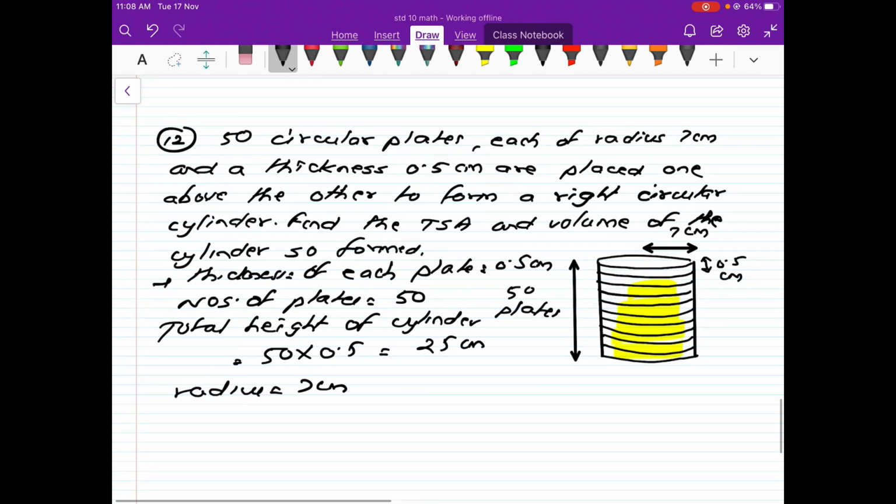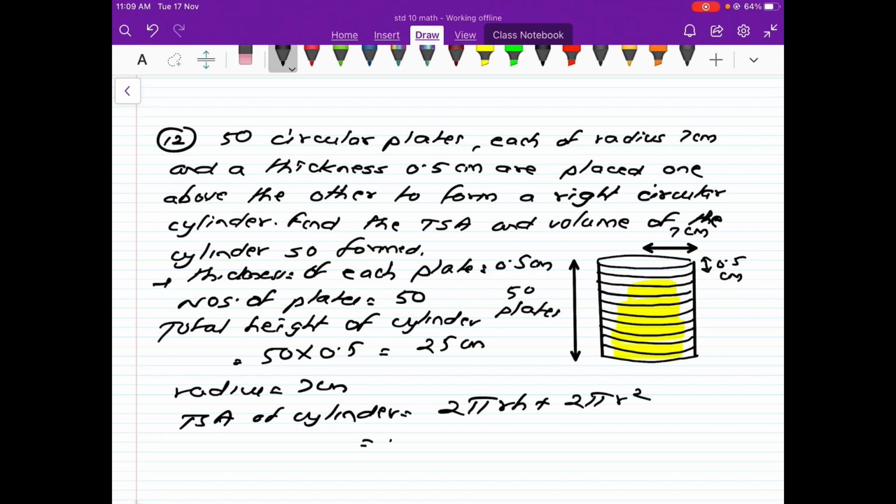Now we have to find only two things. So what is the total surface area of the cylinder? The total surface area of the cylinder is 2 pi RH, the curved surface area, plus the top and the bottom, that is two circles, 2 pi r square. So when we combine, this becomes 2 pi r into h plus r.